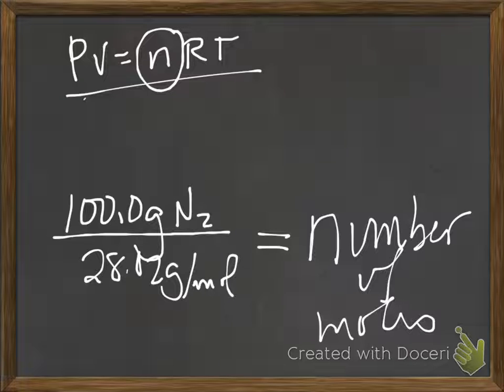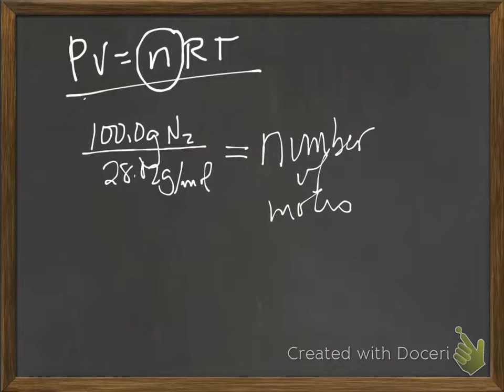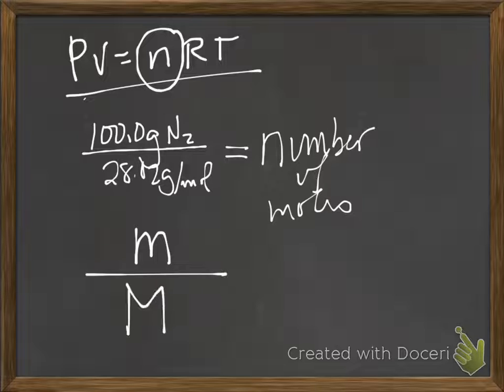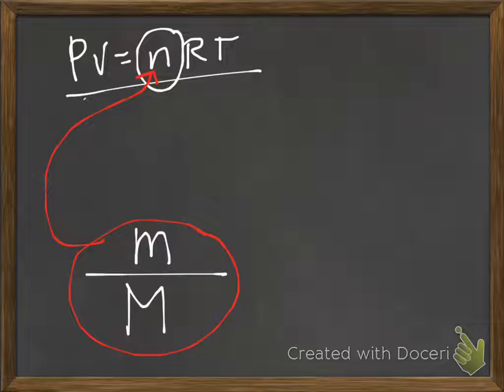So all that this part is, is the mass of the sample, little m, over the molar mass, big M. Well, what that does is that gives us something that we can actually plug in for N. And we end up with a new version of the ideal gas law that relates pressure, volume, temperature, and the mass of a sample and the molar mass of a gas.